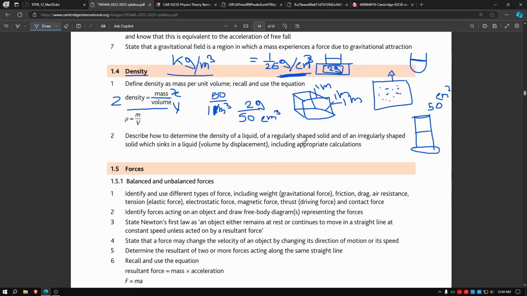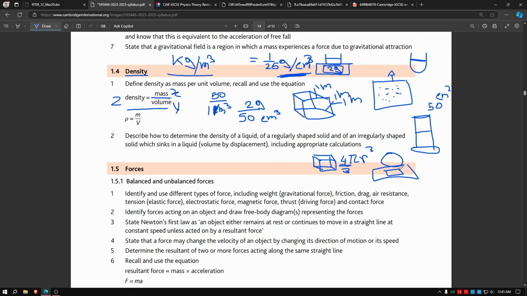Let's continue. Regularly shaped solid. If it is regularly shaped, that means it is, let's just say, a cube, or a rectangle, a sphere, anything that has a formula. Let's just say 4 by 3 pi r cube, this will be my sphere. You can use this formula to find out the volume, and then take it on a digital balance and measure the weight.